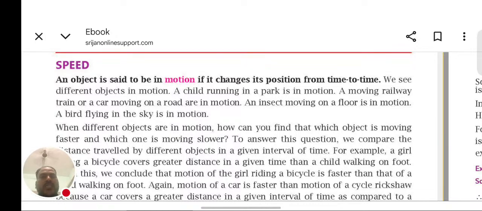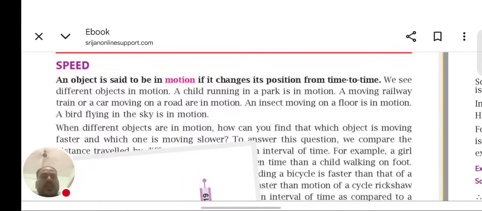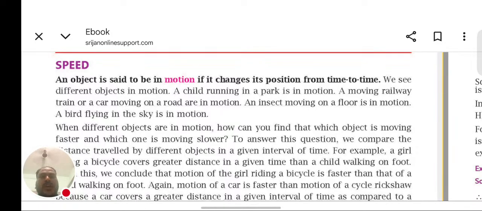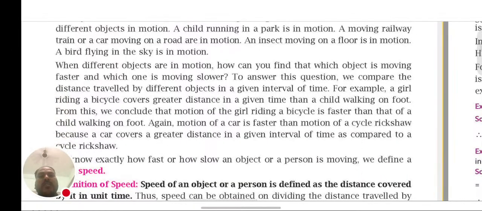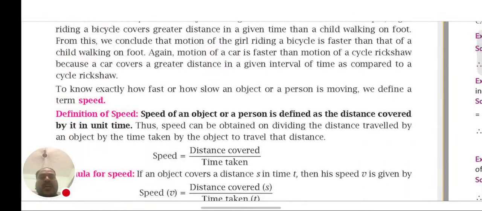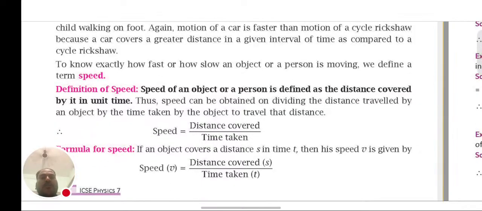Now what is speed? When an object is in motion and changing its position from time to time, that is known as speed. The definition: the speed of an object or a person is defined as the distance covered per unit time.